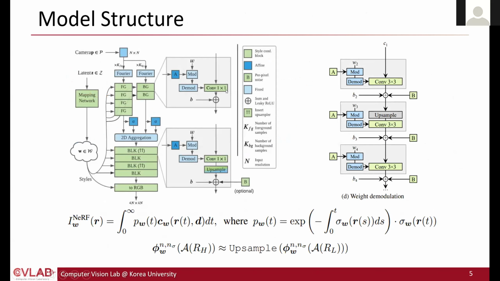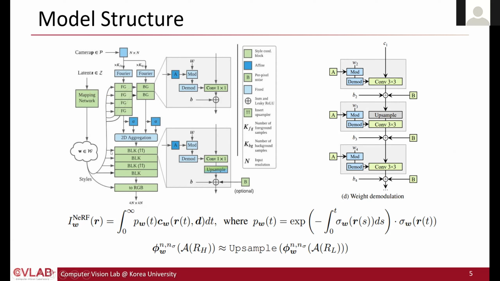And the model structure looks like this. Every block in this image came from the StyleGAN2 structure. They used a mapping network to extract the W and gave every W to the conv layers for the modulation and demodulation process.